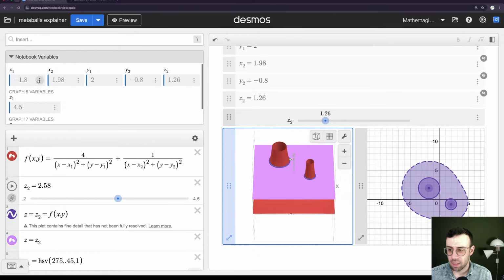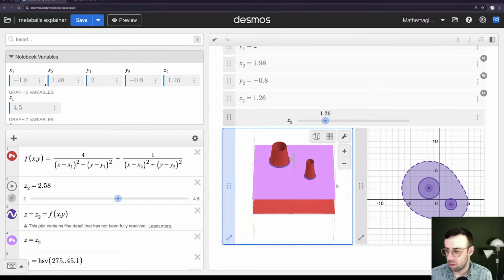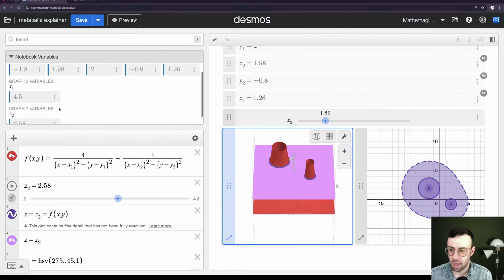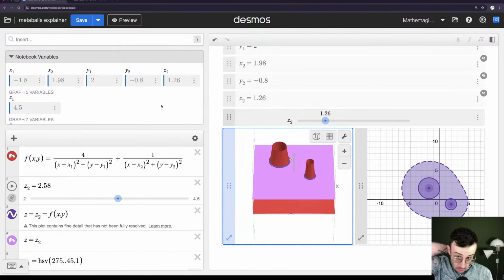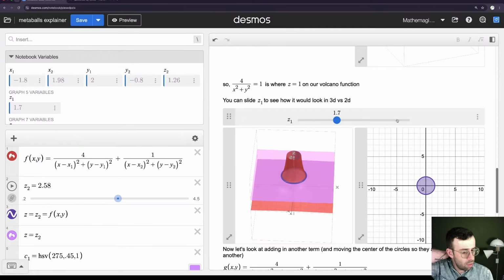What I don't get is why I have a notebook variable and then I have a graph variable. Like why? Because here I have a graph variable, but it does affect both.